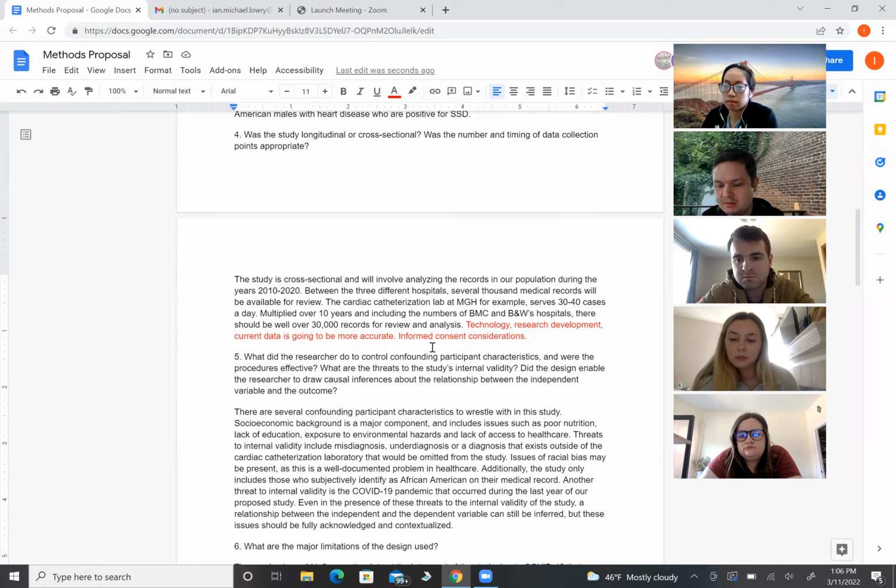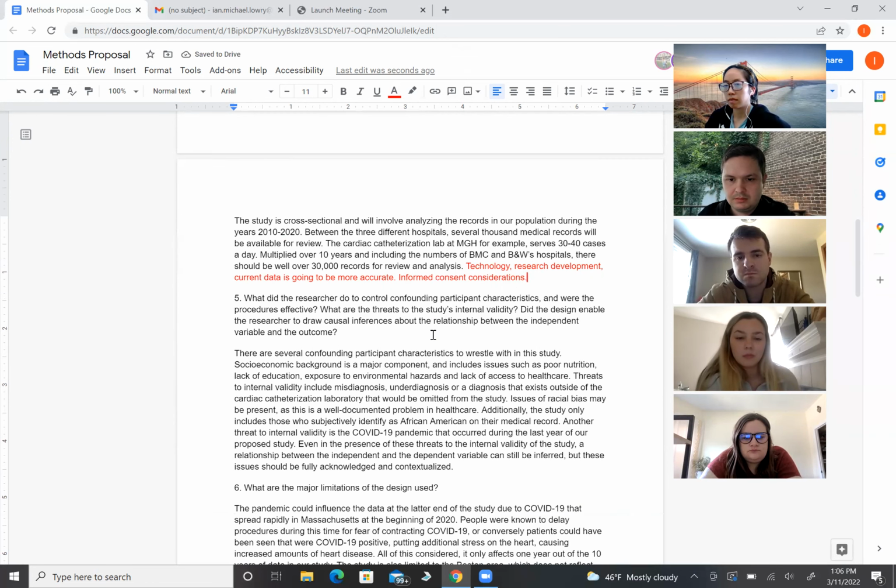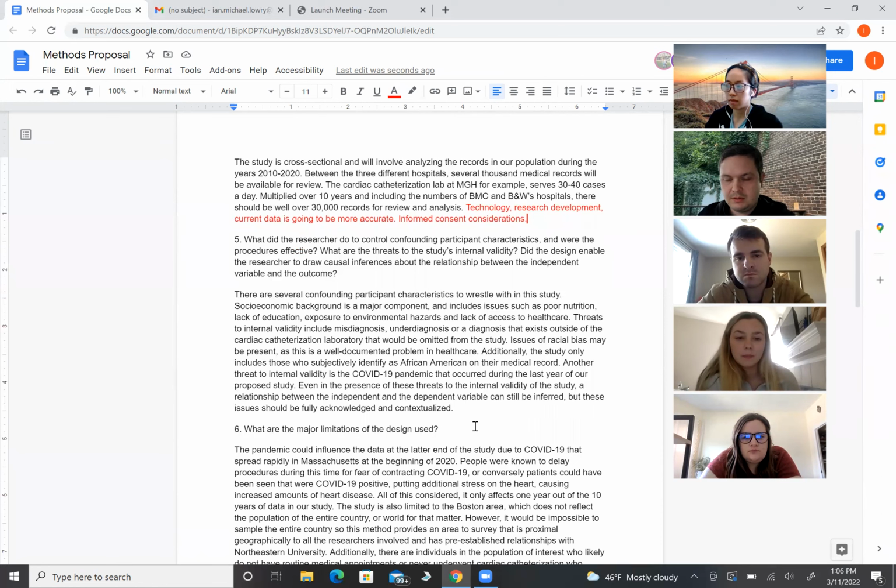So we're talking about prospective, longitudinal versus retrospective, and factoring that into the informed consent process, correct? Yeah. So this is just something we'll have to look into when we get to the informed consent piece. Yeah, it's something to keep in mind for a future discussion.